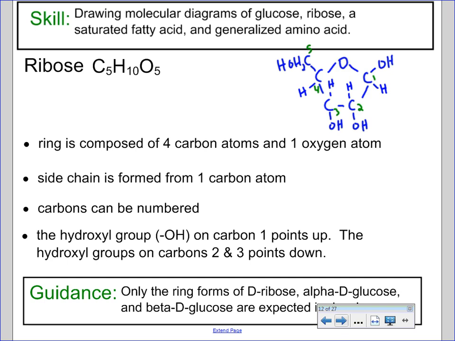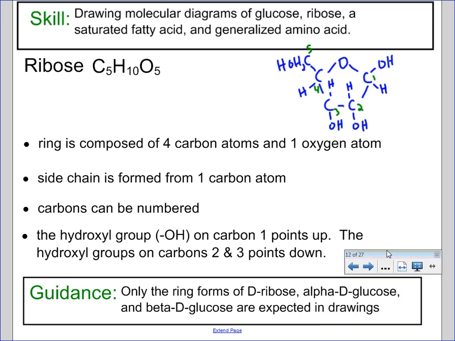The orientation of the hydroxyl groups relative to the hydrogens is important in ribose and glucose. And then keep in mind that only the ring form of ribose is needed. There is a straight chain form of it, but we only need to be able to draw the ring forms of ribose and glucose.